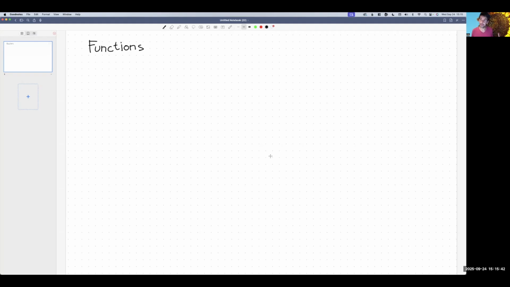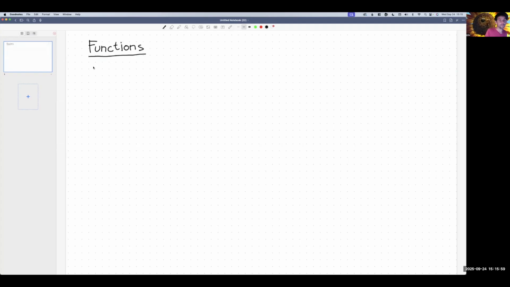So the fundamental thing right now is to make sure we understand what a function is. So let's start there. Let me give you a definition of a function. There are different ways we can define them that should all be equivalent. This is the one that I like.